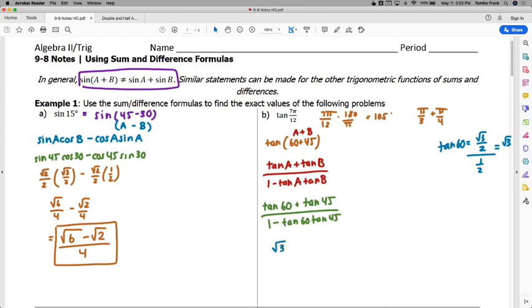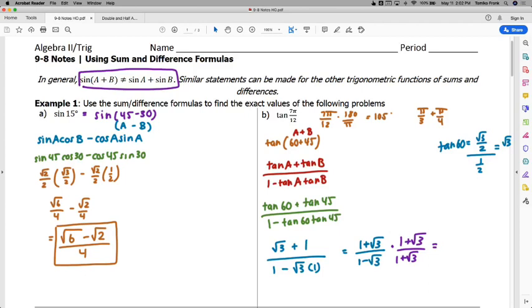So we've got the square root of 3 plus 1, the tangent of 45 degrees, over 1 minus the square root of 3 times 1. So it looks like our final answer is 1 plus the square root of 3 over 1 minus the square root of 3, except that's not the final answer because we've got a radical in the denominator. So the last step here is to rationalize. I'm going to multiply by what we call the conjugate, which is 1 plus the square root of 3 over 1 plus the square root of 3.